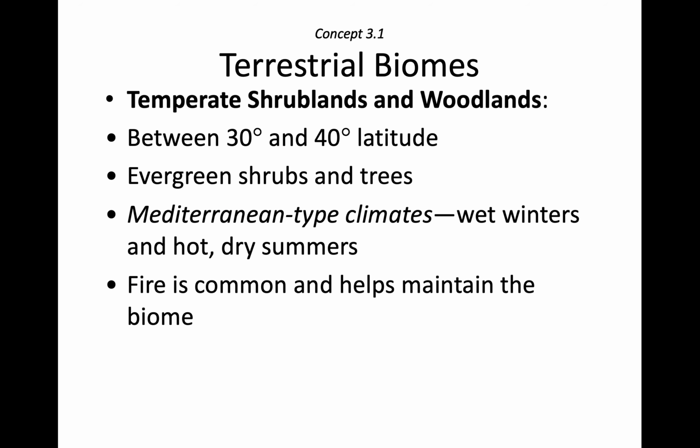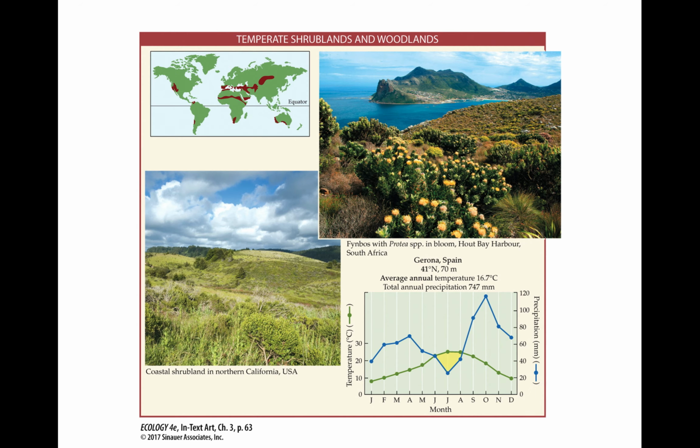And I've included just a few notes, since this was not introduced to you in the prior video. This biome is typically located between 30 and 40 degrees latitude, and it's made up of evergreen shrubs and trees. It's known as the Mediterranean climate. You get wet winters and hot, dry summers.